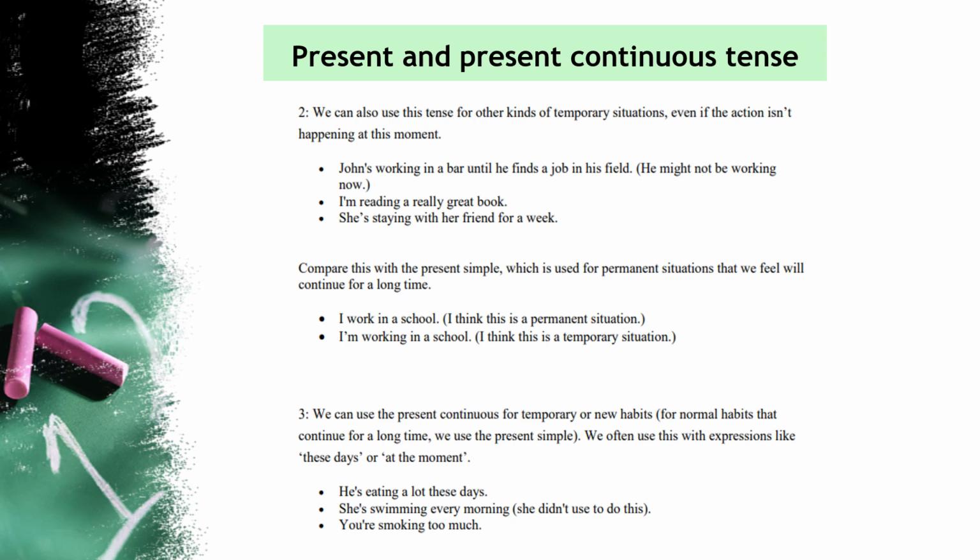She's swimming every morning. She didn't used to do that before, but now she has started. So I have to use the present continuous rather than the present simple. You are smoking too much. Now you are smoking too much. You haven't had that habit before.